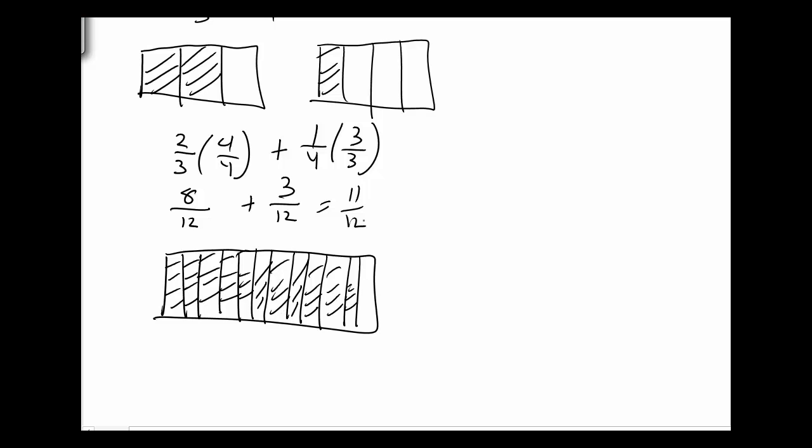I have 11/12 shaded. Okay, and we can see that now that we have a common denominator, I simply add the numerators together, and I follow the same rule that we just found a second ago.